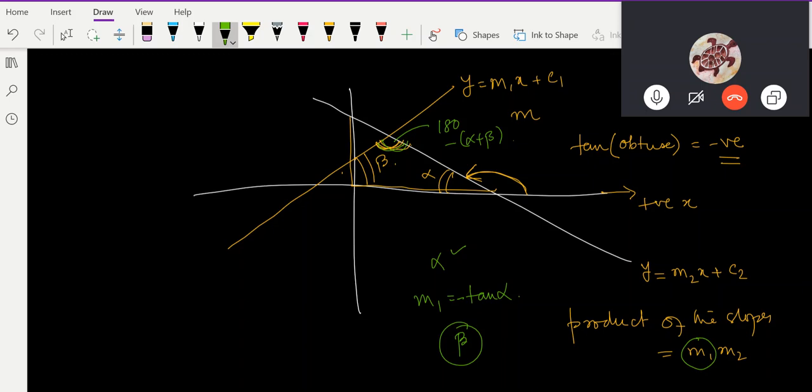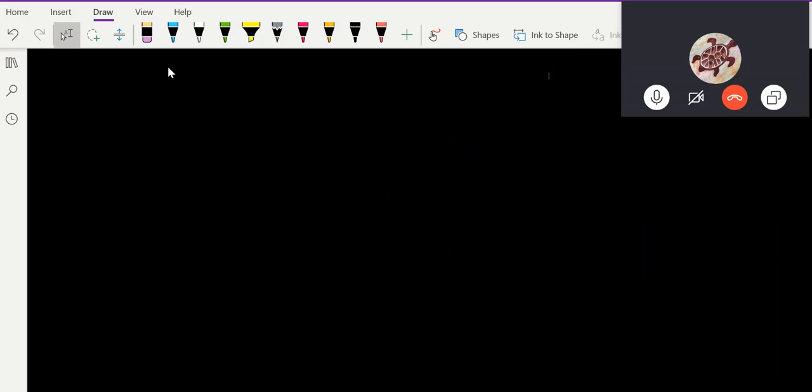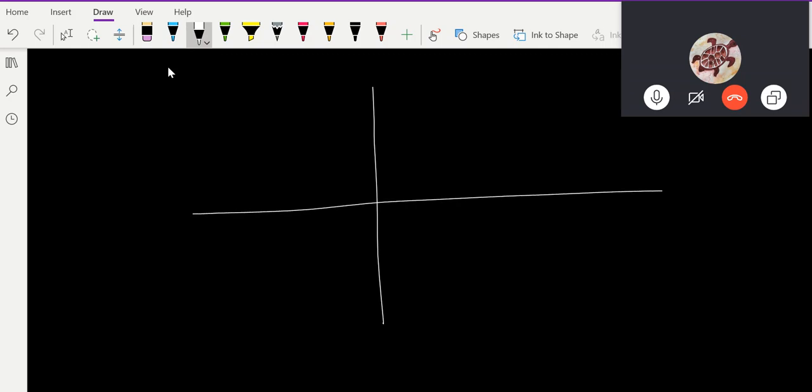Okay. So in the special case where these two lines are perpendicular to each other, that means one is like this, the other one is like this.